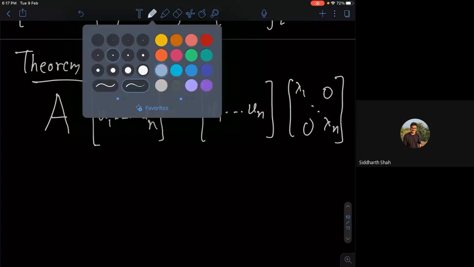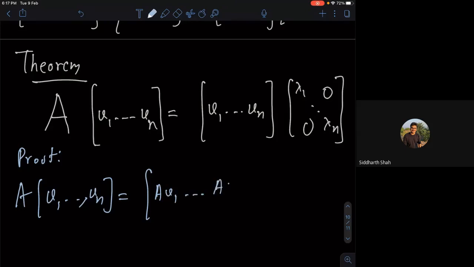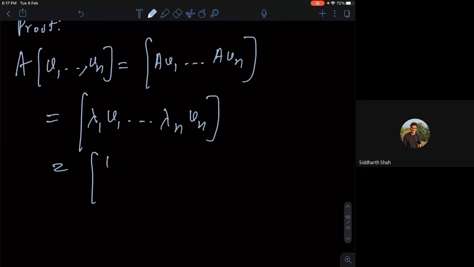We'll just quickly prove this. Why is this correct? I can write this V1 to Vn as AV1 to AVn, which is the same as lambda 1 V1 to lambda n Vn, which is the same as writing V1 to Vn here and lambda 1 to lambda n on the diagonal.